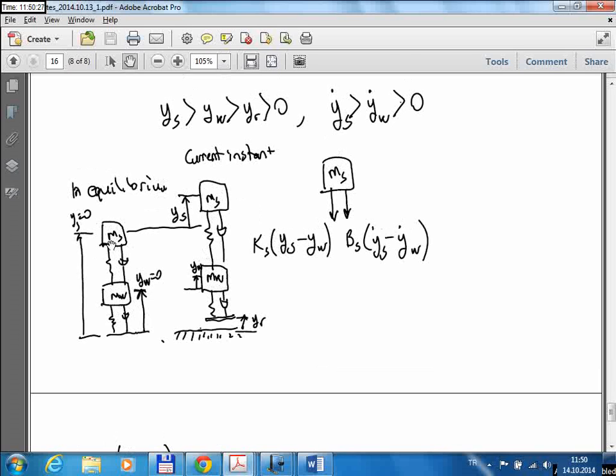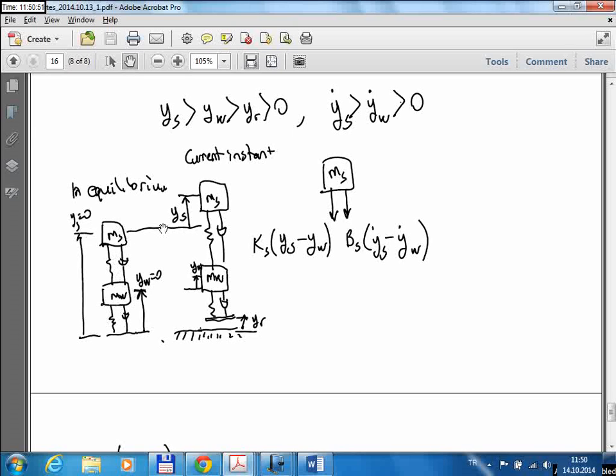Due to the weight of the car and the wheel, these springs will be compressed by a certain amount. Okay? There will be some delta deflection of these springs, and the amount of these deflections will be such that the spring force will be balancing the weight of the car. So there will be an equilibrium.